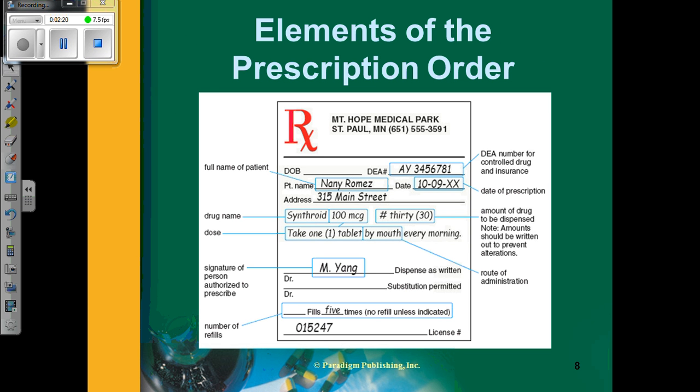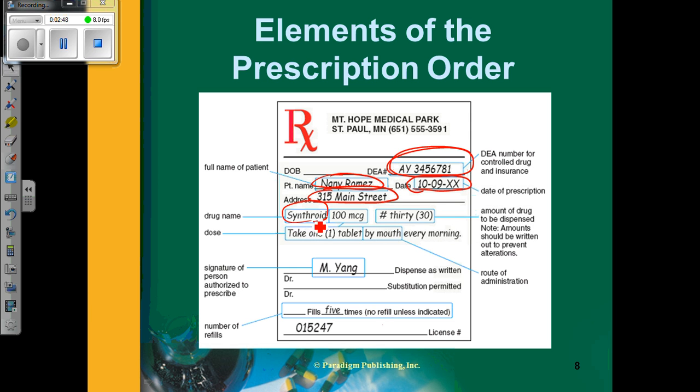This is showing you the elements of a prescription order that may be dropped off at a community pharmacy. Here you have the name of the patient, Nanny Romez, her address, the date of the prescription, and the DEA number. Remember, DEA numbers have to be listed if it is a controlled substance medication.